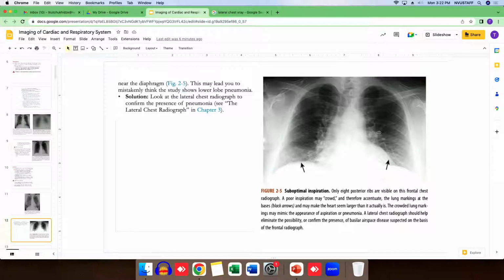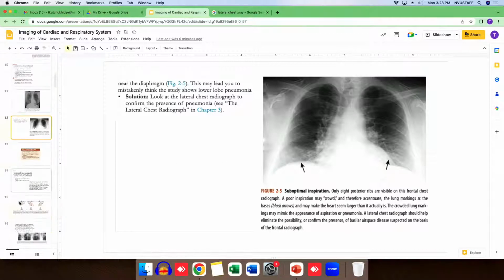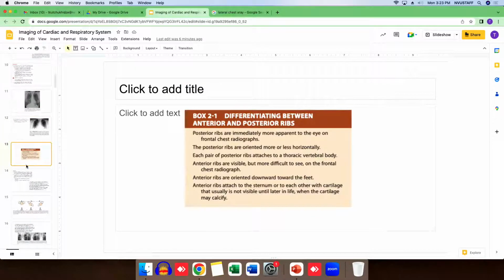We are always counting the posterior ribs. As you see here, the photo is not really clear, right? So we should always check the lateral chest radiograph to see if the patient has pneumonia or what disease they have that prevents us from counting the ribs.